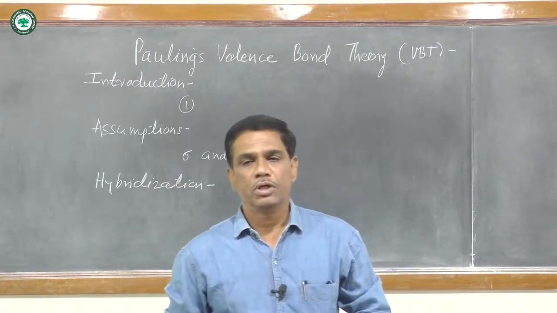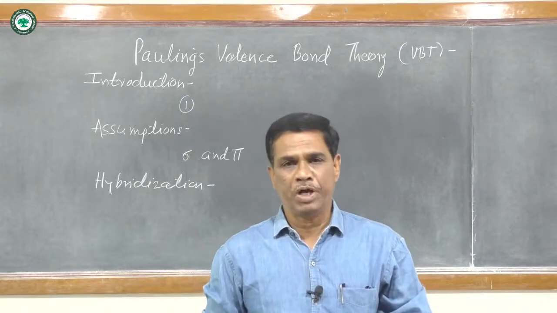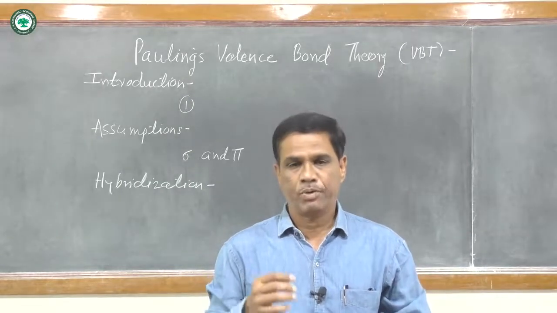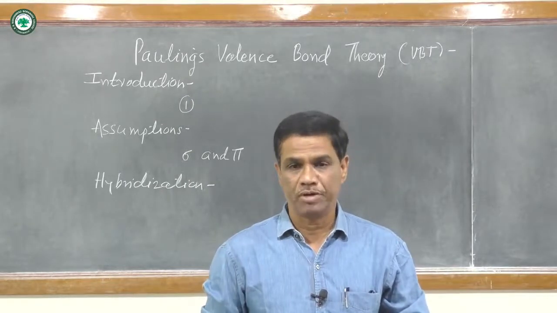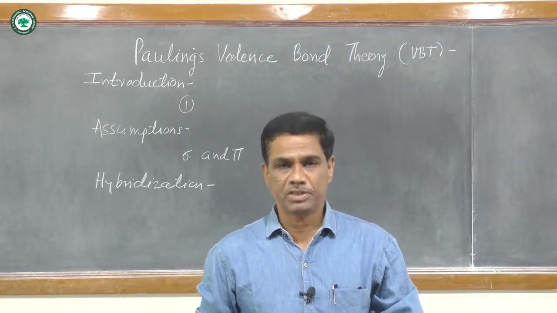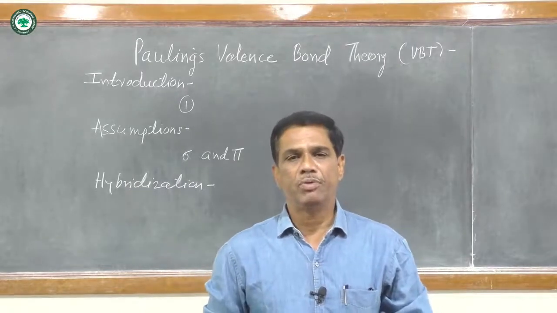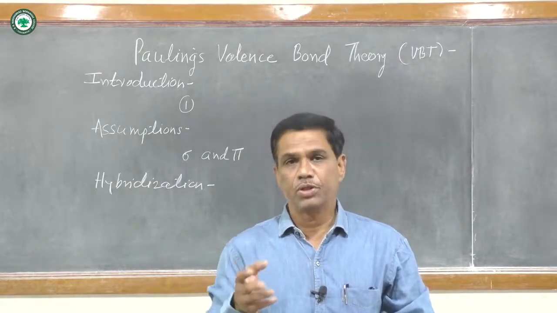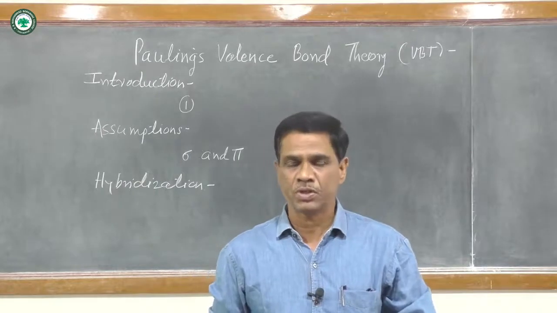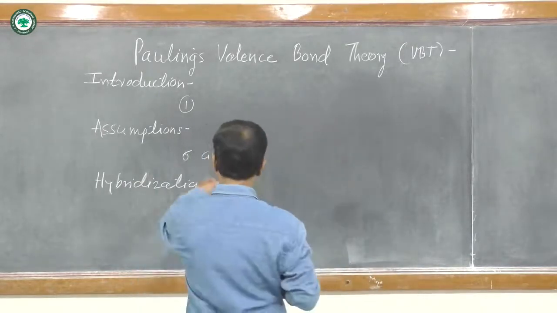In short, in valence bond theory, there is overlapping of atomic orbitals. When atomic orbitals of the central metal atom or ion overlap, hybrid orbitals are formed. When hybrid orbitals having unpaired electrons are formed, they overlap with filled orbitals of the ligand and there is a formation of sigma and pi bonds.